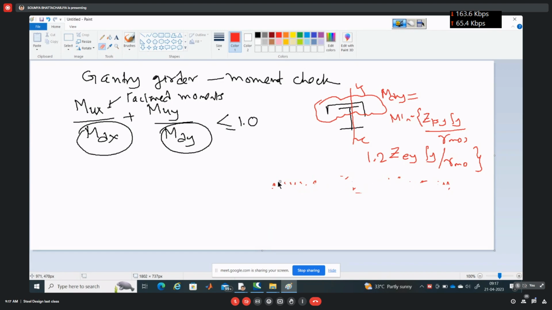So MDY you can calculate in that way, because for y-axis bending, about y-axis moment, there is no lateral torsional buckling. No LTB.